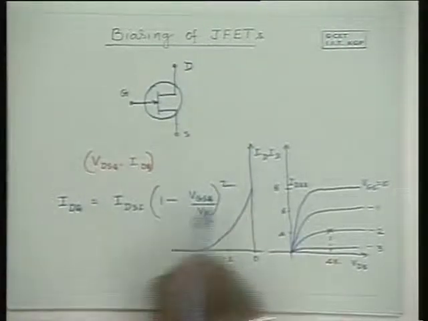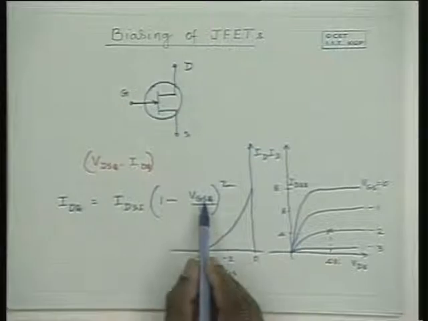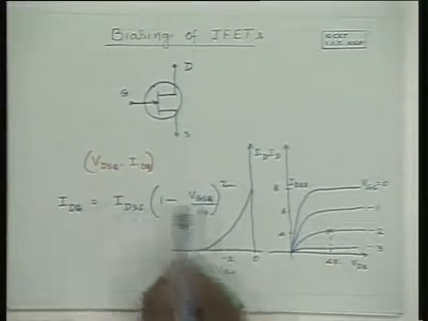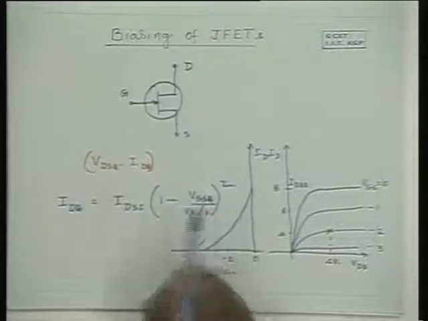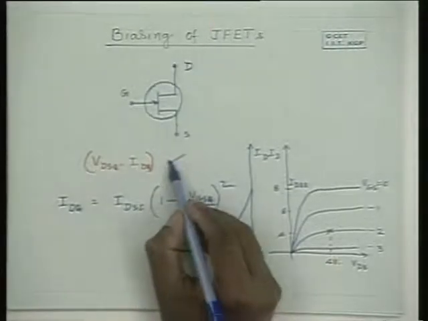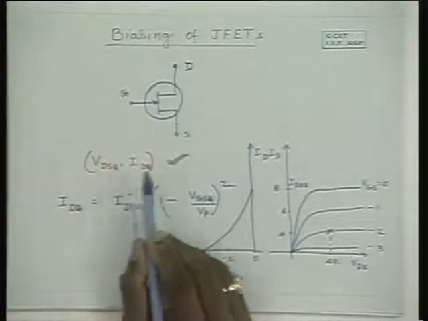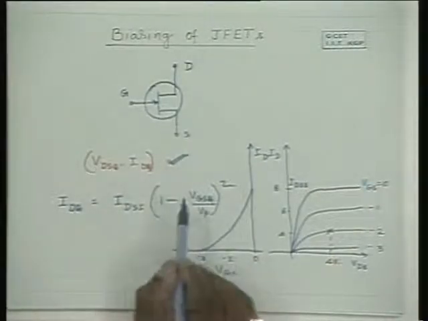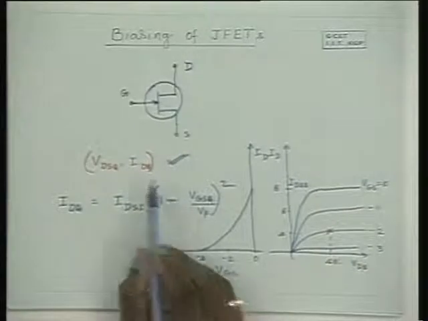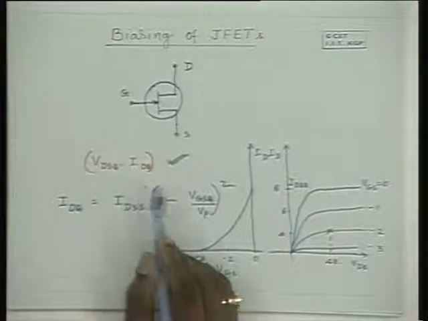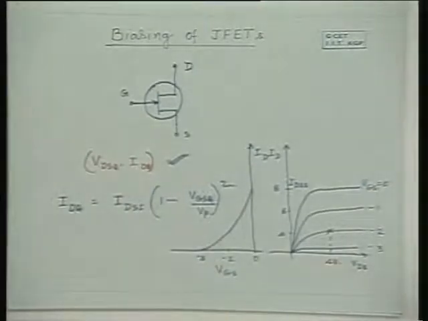So through this relationship, VGS Q and ID Q are related. So these are dependent quantities. Hence, if you specify VDS Q and ID Q, that is as good as specifying VGS Q also. Hence, VDS Q and ID Q is normally what is referred to as the quiescent point.